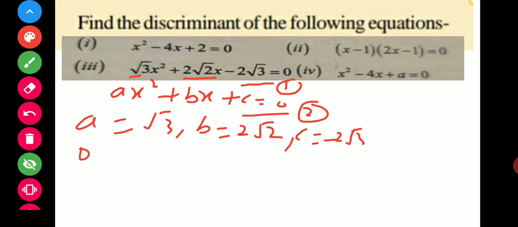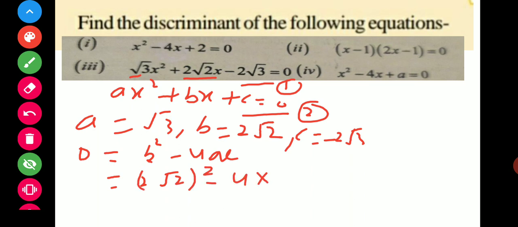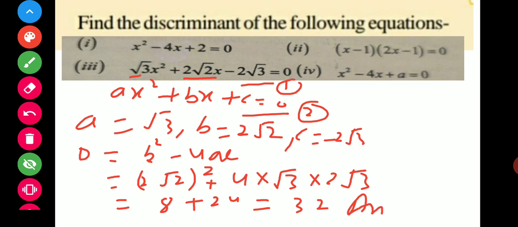So first write the formula, D is equal to b square minus 4ac. b is 2 root 2, whole square, 4 times a is root 3, and c is minus 2 root 3, so it becomes positive. 2 twos are 4, 4 twos are 8, and plus 4 times 2 root 3 times root 3 gives 24. So it gives 32 as your answer.